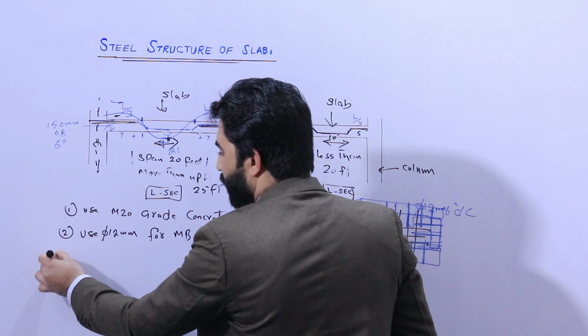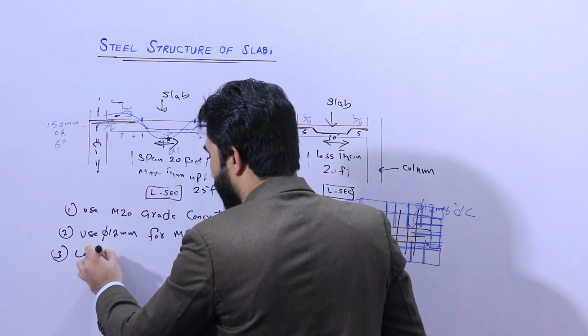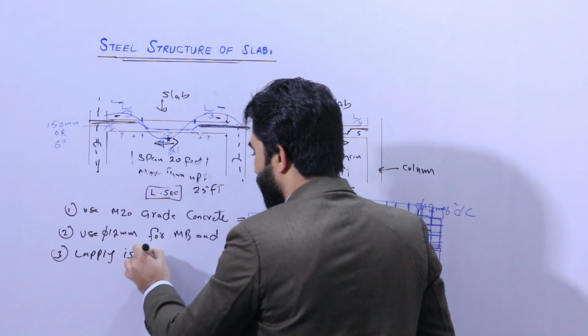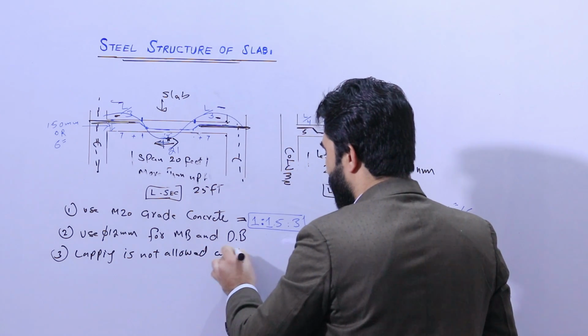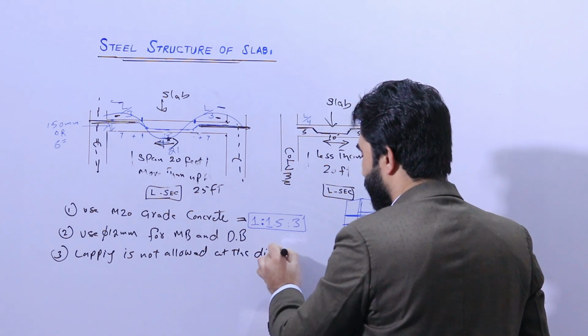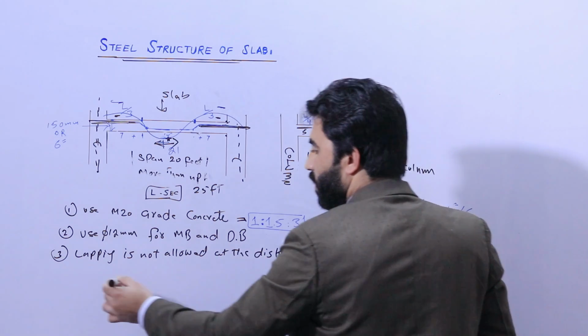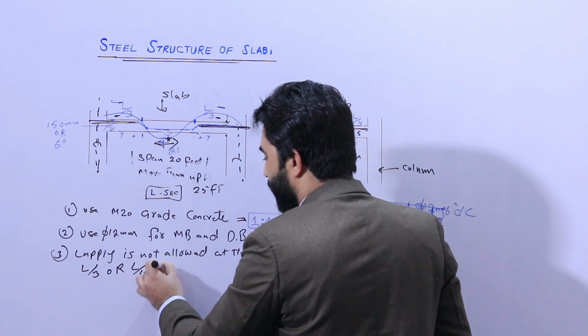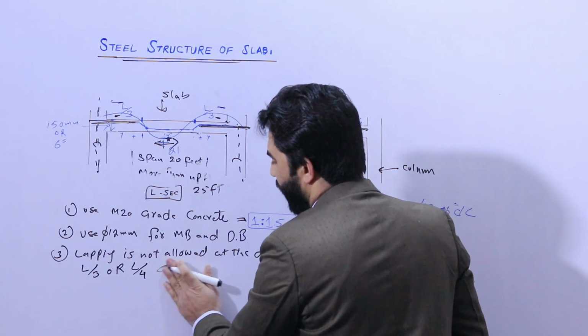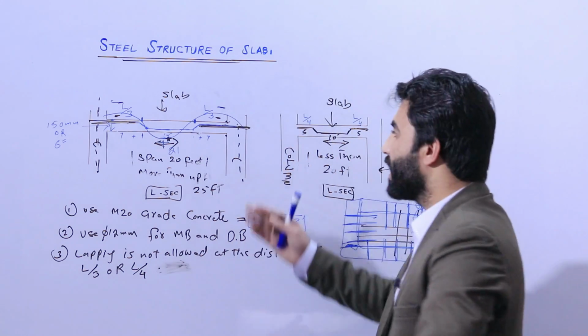Okay, the third one, lapping is not allowed at the distance of L by 3 or L by 4, near its support, as I discussed here.